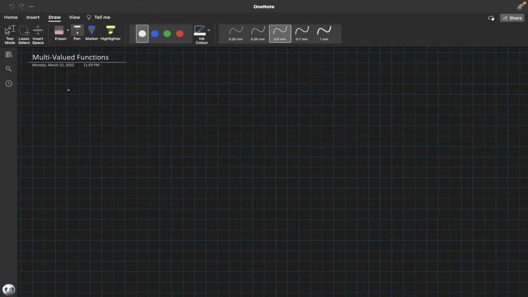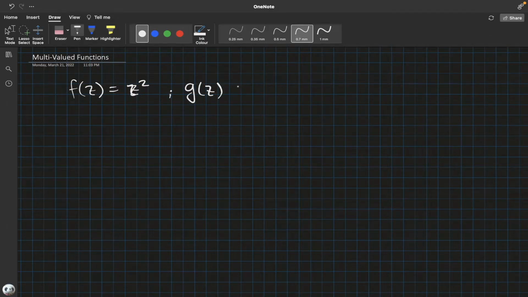Okay, so consider the complex function f of z equals say z squared. This is one function, and consider another, g of z equals z to the 1/2. Now if we write z in its polar form, so I have a magnitude and a phase, which I will denote like this.